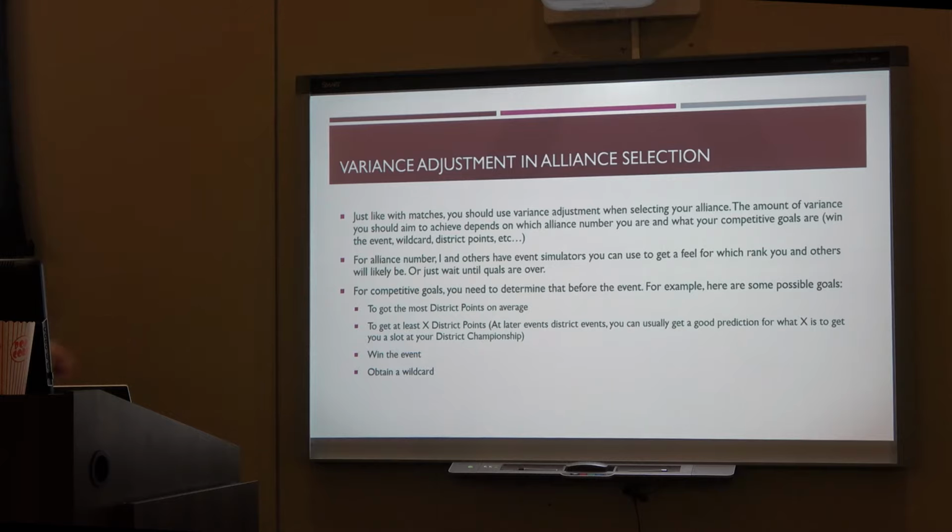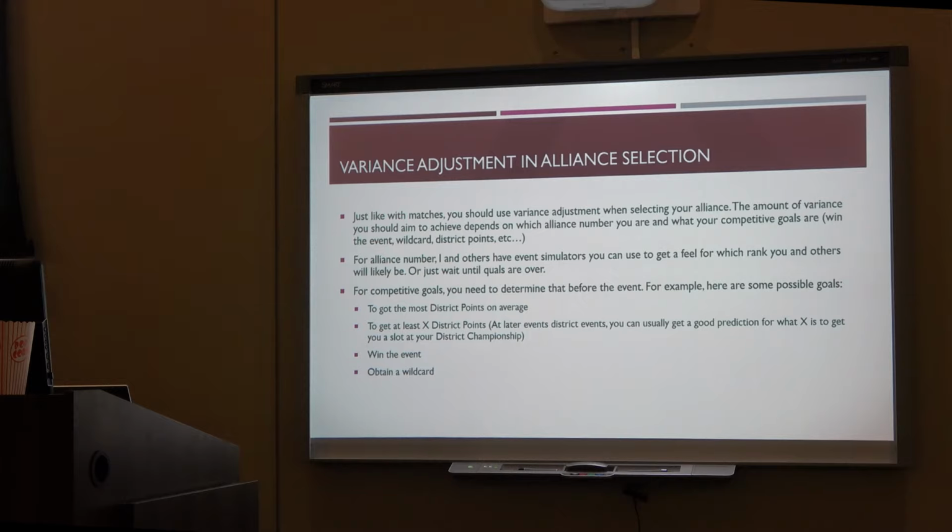For competitive goals, this is something you need to decide as a team before your event. Here are some options. You're in a district system, so generally you'd want, at your first event, to get the most district points you can on average.